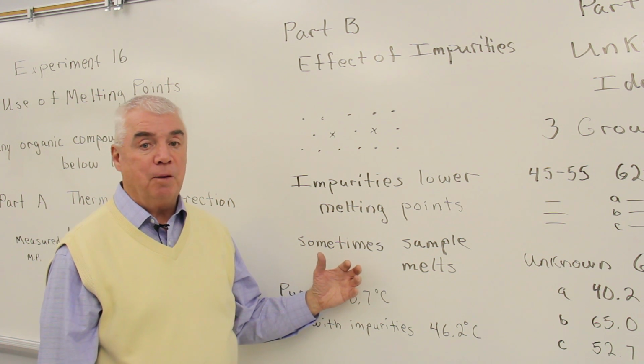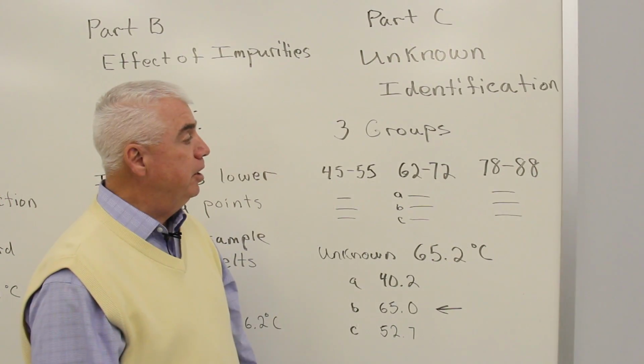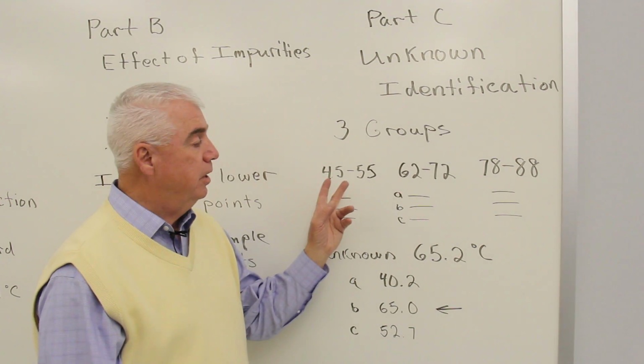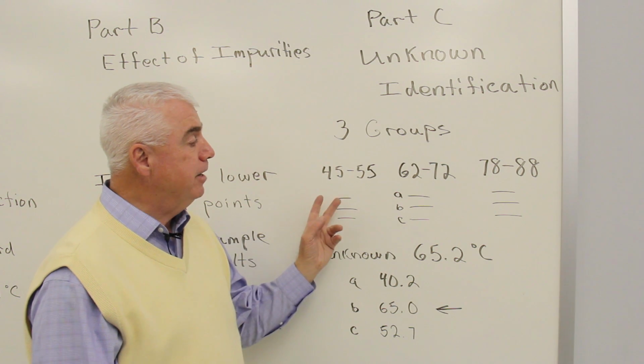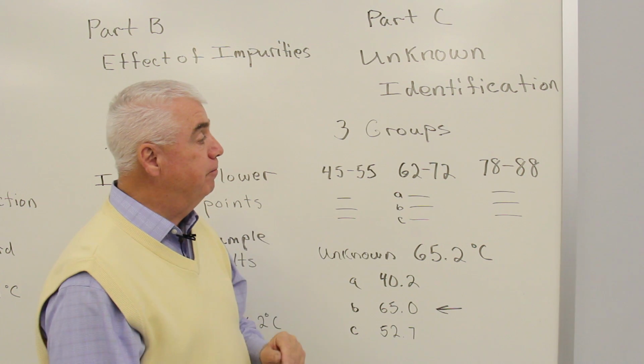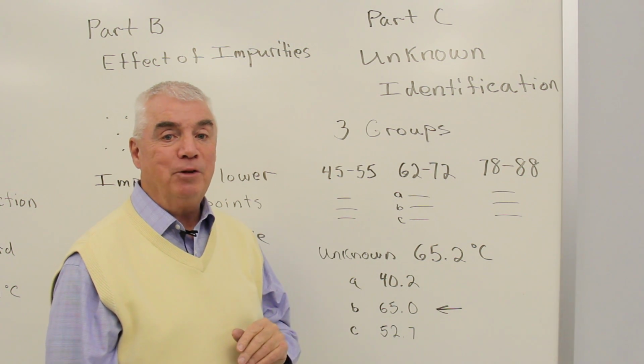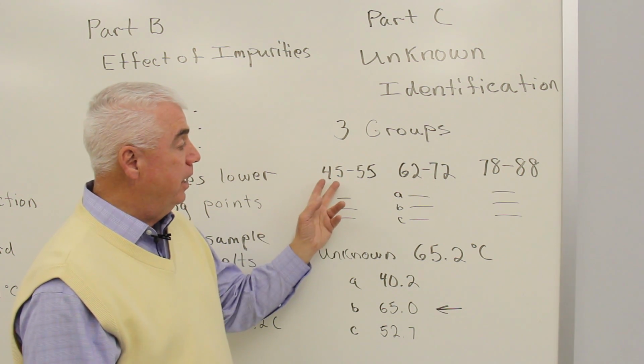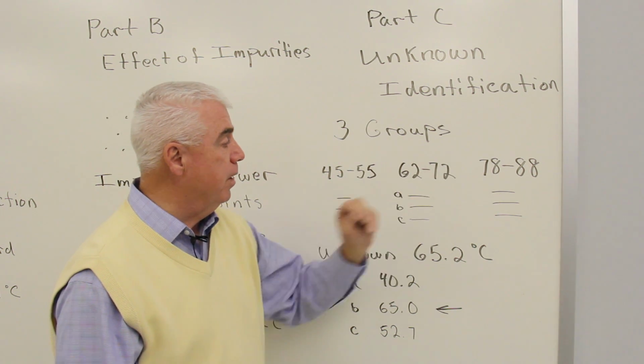We'll use this fact that impurities lower the melting point of a pure substance to identify an organic substance. In part C, you'll use an unknown and identify it as one of 9 possible compounds. The very first thing you do would be to obtain a melting point of the unknown, and it'll fall within one of these 3 ranges.